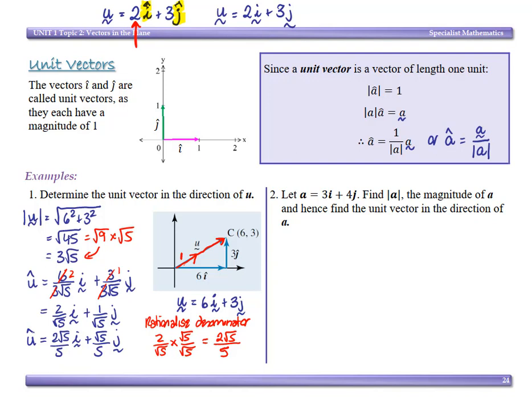Now you can check it: if you find the magnitude of that unit vector, it'll be 1. So let's do a quick check. So the square root of, I'm going to go back to my pre-rationalized form just because it's quicker.